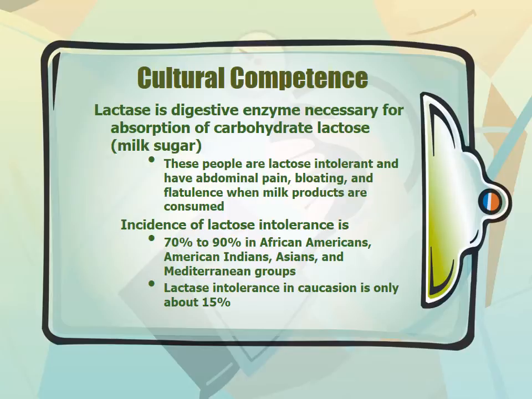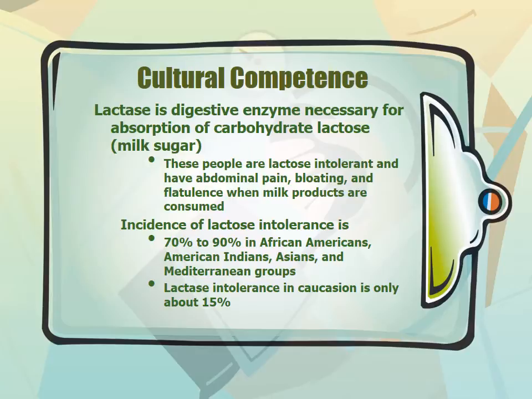All right, how about culturally? One of the things that you'll hear oftentimes is that a lot of people will tell you that they are what they call lactose intolerant. Lactase is the enzyme that's necessary for the absorption of the carbohydrate lactose, which is milk sugar.